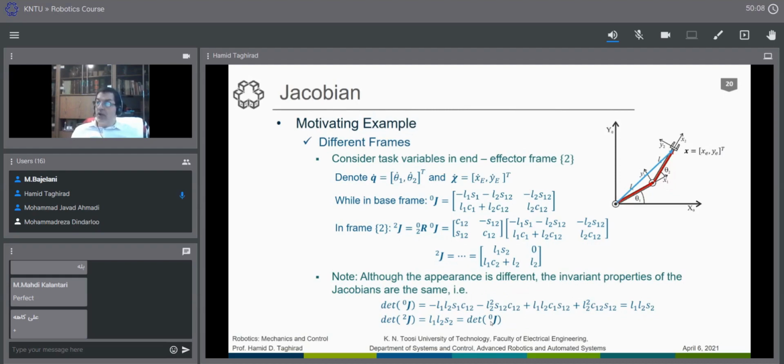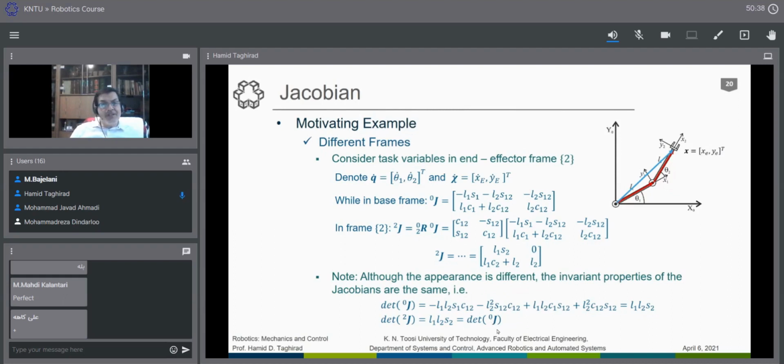And you see that regardless of which frame we are representing this Jacobian, the determinant is an invariant property. It will not be changing. The same thing will happen to the eigenvalues, eigenvectors, singular values, the important inherent physical properties of that.